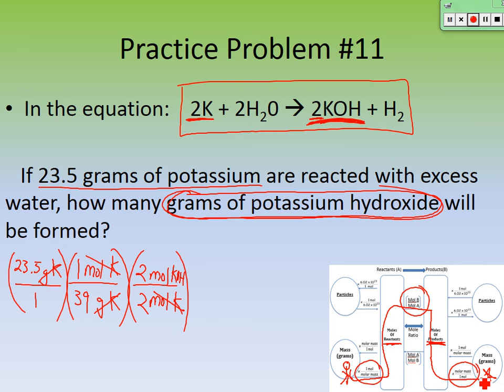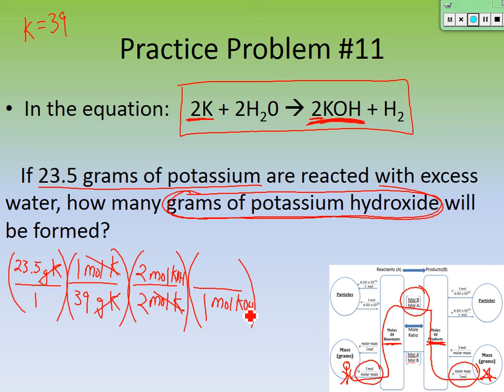So let's just do what the roadmap tells us to do. Put molar mass on top and moles on bottom. If moles of potassium hydroxide is on top, it's got to go on bottom. The roadmap told me to put 1 mole. Well, now it says molar mass. It's the molar mass of KOH. Potassium on the periodic table has a molar mass of 39.